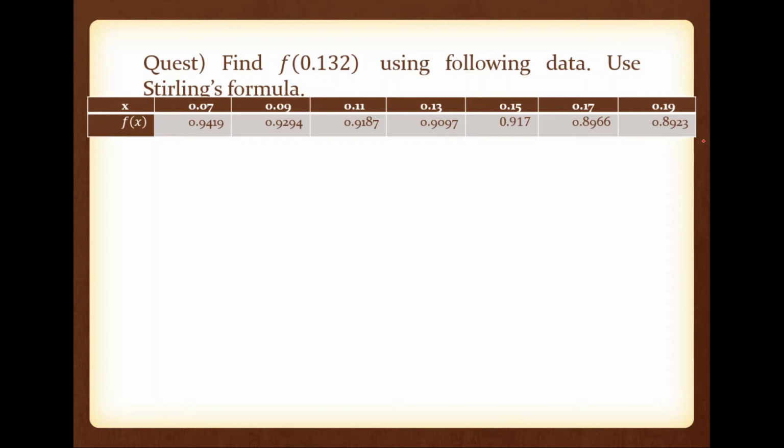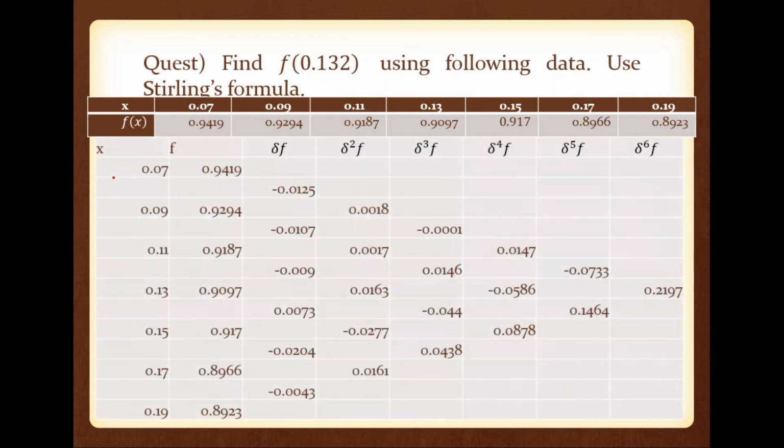Using this data we have to find f of 0.132 using Stirling's formula. As we are asked to use Stirling's formula, we have to find the central difference table first.